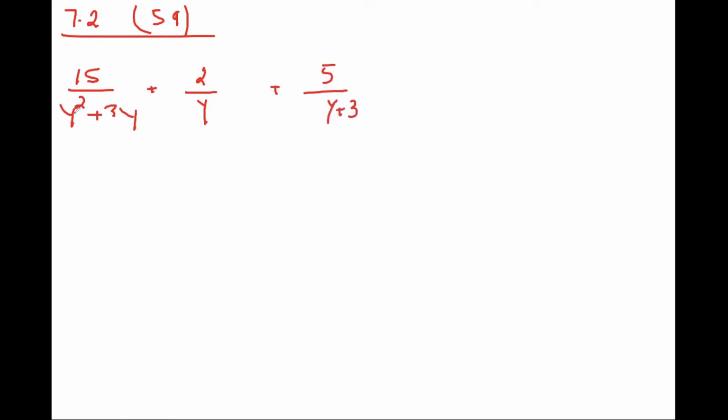So this time we add three fractions instead of two. But again, whenever you add fractions, the denominators have to be exactly the same. Obviously, they're not the same at all, so we're gonna have to make them the same.